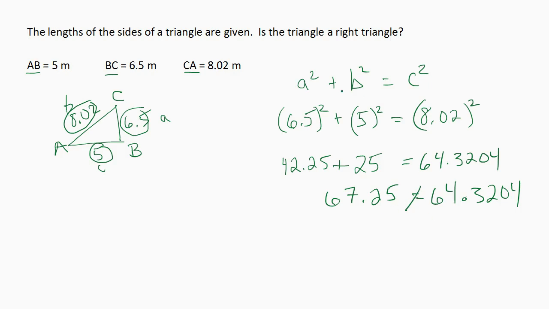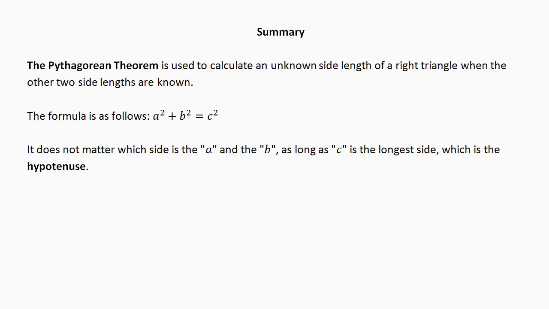So what do we know? We know that a squared plus b squared is not equal to c squared, which automatically means that this is not a right triangle. So no, it is not a right triangle, since a squared plus b squared is not equal to c squared.